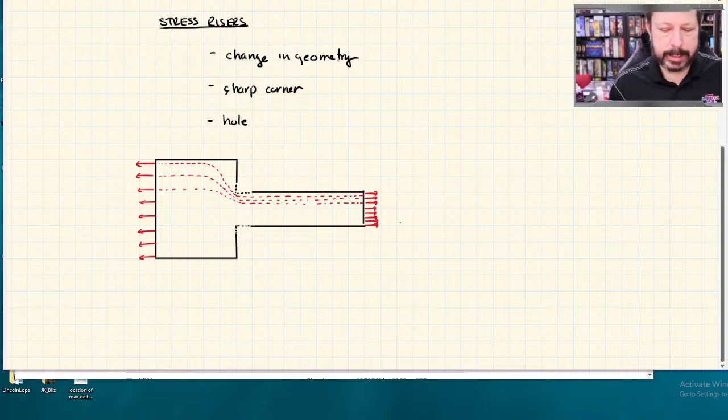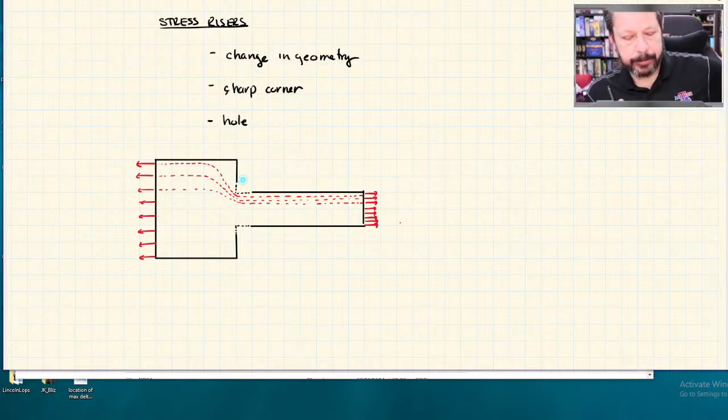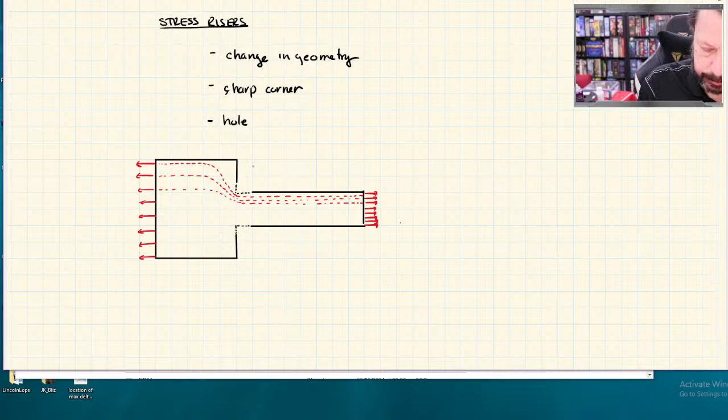So what that does is, in this area right here, and the same thing on the mirror side, I just didn't draw all of them, that area, the way the stress has to flow from the bigger side to the smaller side, gets tighter and tighter. It's compressed. And with a sharper corner, the more compression of that flow I get. These are all kind of abstract terms and ideas, but it's trying to describe what's going on in here. And so I'm going to have a stress riser at that corner. That corner is going to be a stress riser.